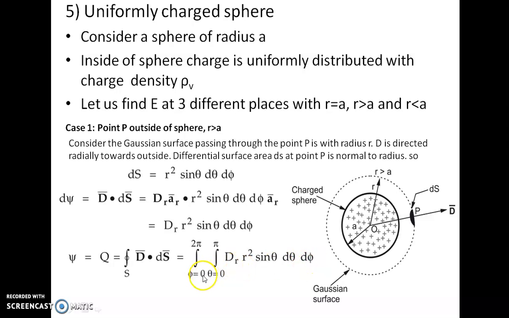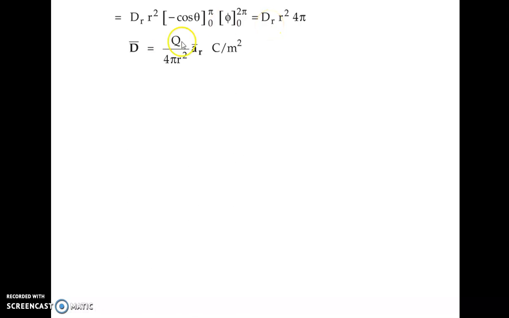The limit for phi will be 0 to 2 pi and theta will be from 0 to pi. So the integration of Dr r square sine theta d theta d phi, if you integrate and simplify this, you will get Q is equal to Dr r square 4 pi. So rearranging this equation in terms of Dr, I will get Dr is equal to Q by 4 pi r square into ar cap coulomb per meter square.